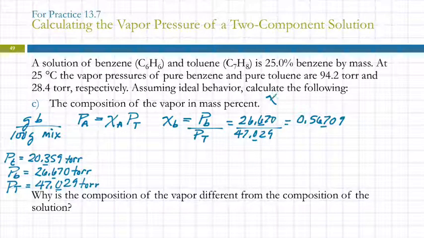Now the mole fraction of toluene, because we have that, is easy, right? It's 1 minus that. So the mole fraction of toluene is 0.43290. So we got mole fraction. Now, in the first part we took percent and went to mole fraction. Now we're taking mole fraction and going back to percent.